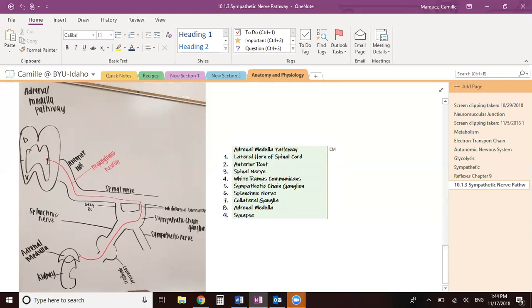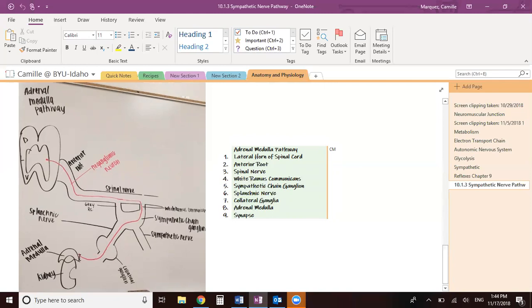So you're going to start, again, at the lateral horn, go down the anterior root, through the spinal nerve, down the white ramus communicans, down the splanchnic nerve, and into the collateral ganglia. But instead of synapsing, you are going to go straight to the adrenal medulla, where you will then synapse.